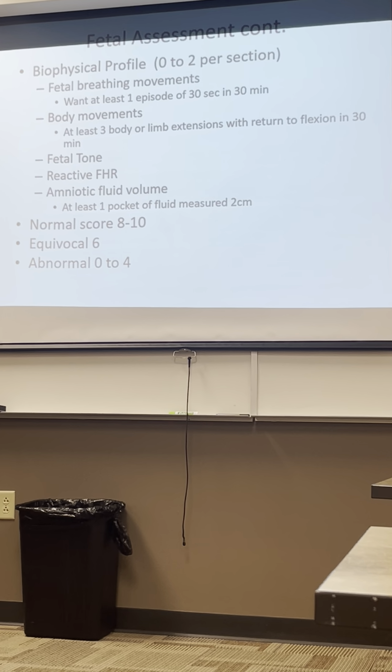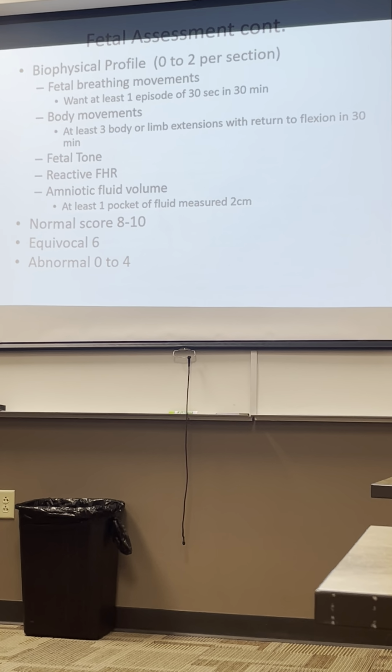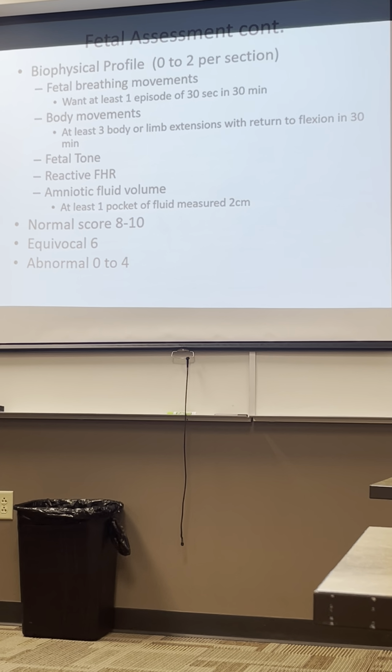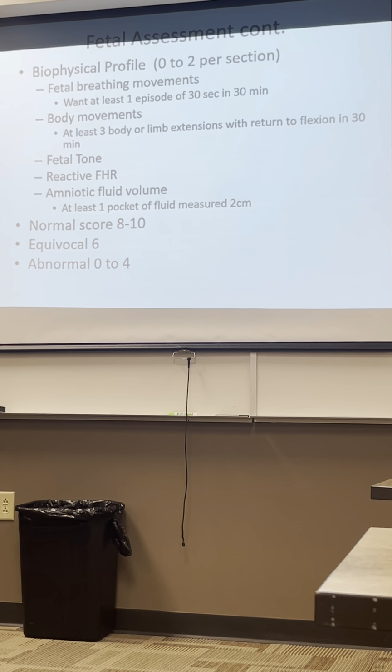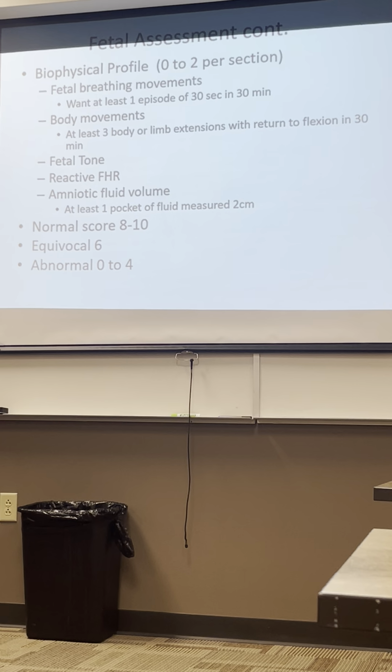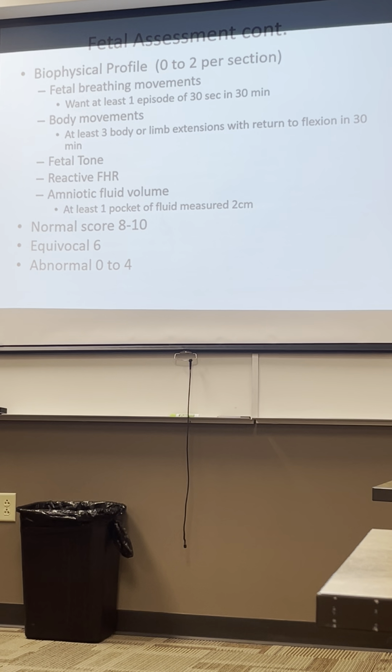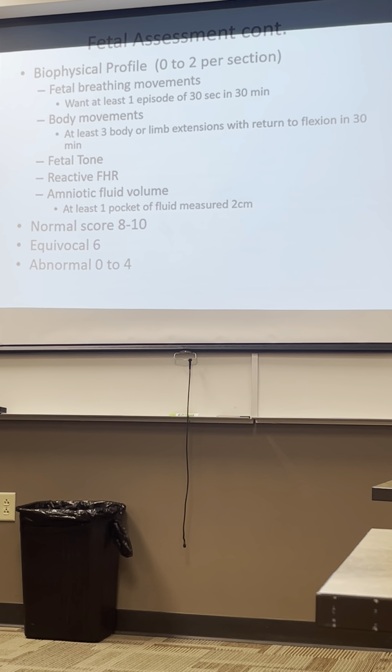Your biophysical profile, remember they look at a couple different things. They get a score of 0 to 2 per section. So fetal breathing movements, we want at least 1 episode of 30 seconds in a 30-minute period. Body movement, so at least 3 body or limb extensions with return to flexion.